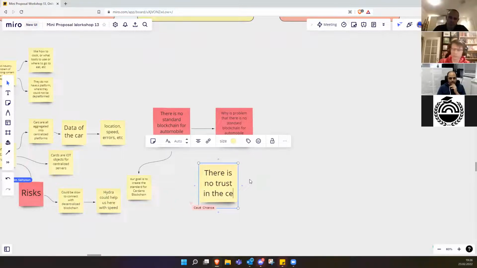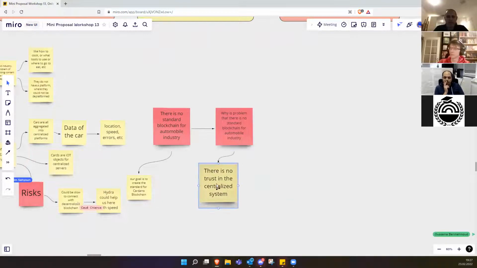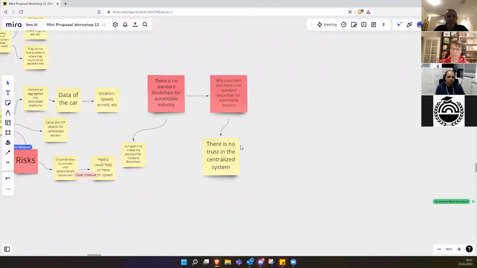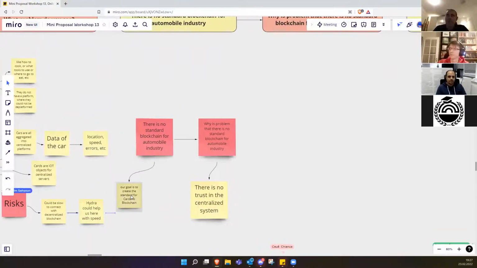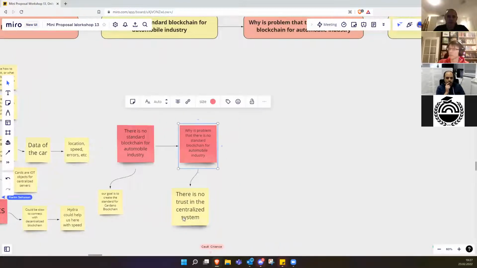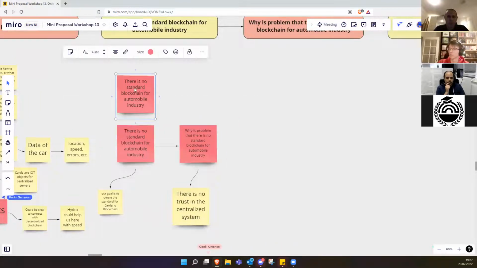So our goal. Can I maybe suggest something, Oussama? Because I think the problem statement should be a generalized statement that explains the problem. Are you okay with me suggesting something? Yes, of course. So as a problem statement, I would say, as modern cars are more connected, there is a data security issue that could affect the control of vehicles.